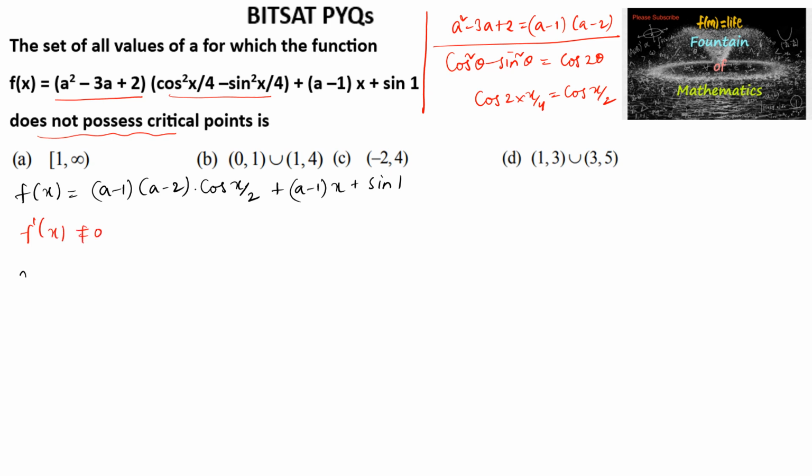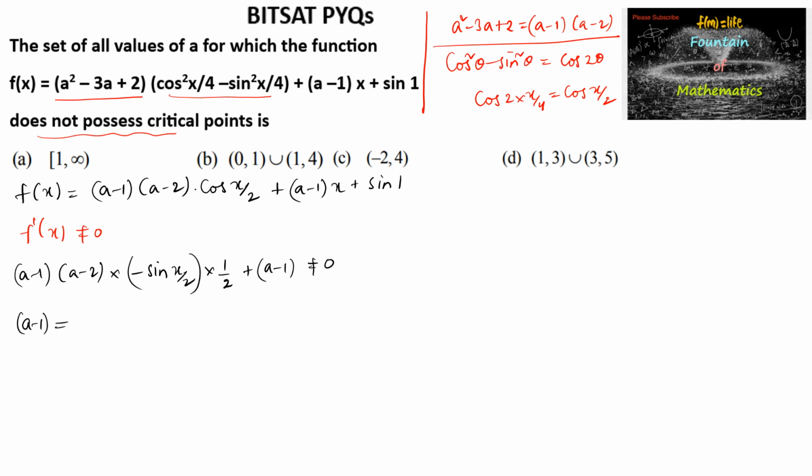So differentiating, we can say (a − 1)(a − 2)(−sin(x/2)) × 1/2 + (a − 1) is not equal to 0.